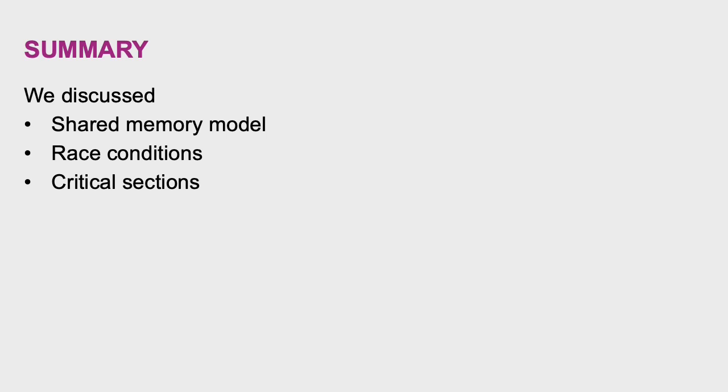First of all, we should organize our code by considering active entities, namely threads, and the shared resources they access. And the access to these resources is challenging. We may have situations where it's impossible to predict the outcome of computation.